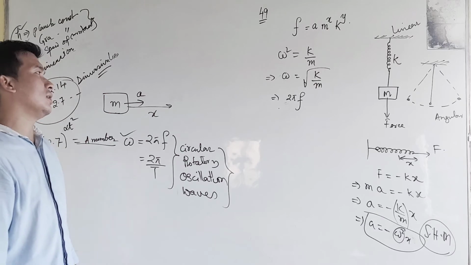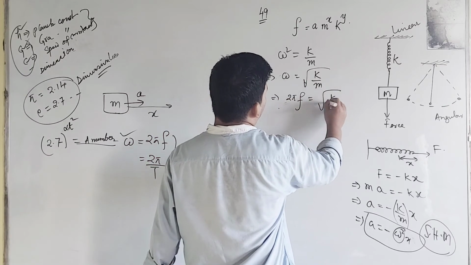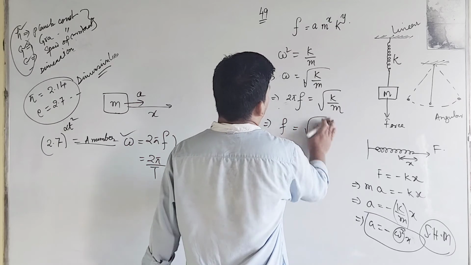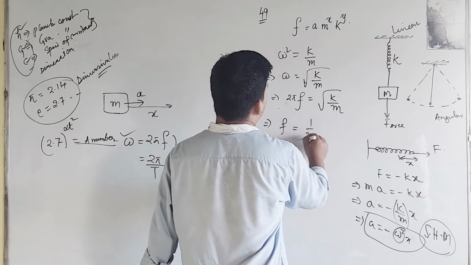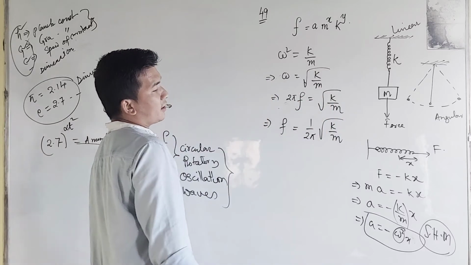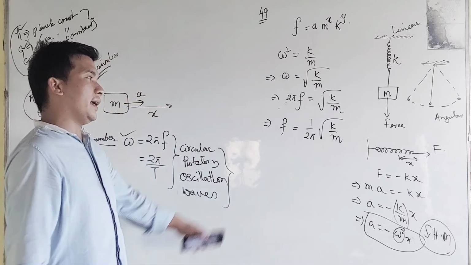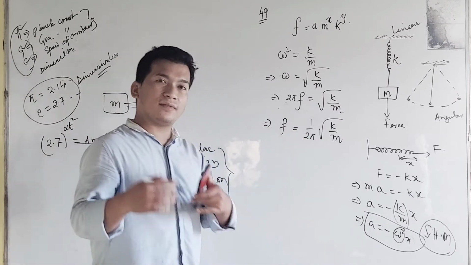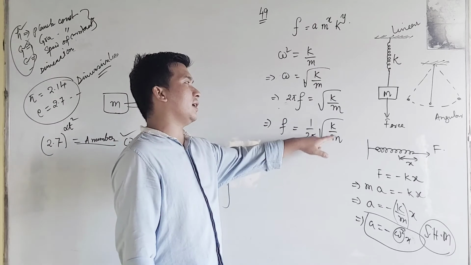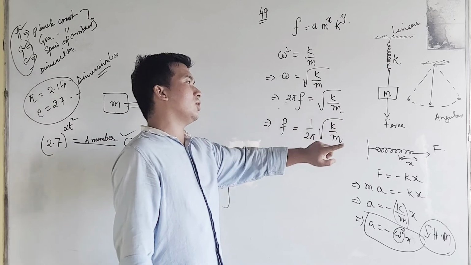So 2 pi f is equal to root over k divided by m. Here f is equal to 1 by 2 pi times root over k by m. I go through this step because I have forgotten the formula, and that means there was little confusion regarding k and m: is k in the denominator or numerator?